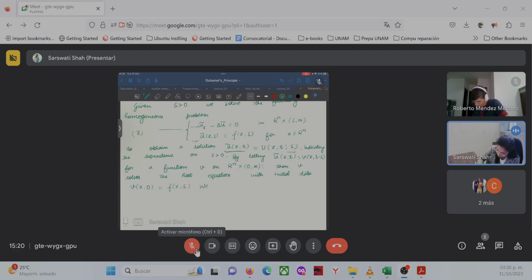Now we use the heat kernel to have such a solution.